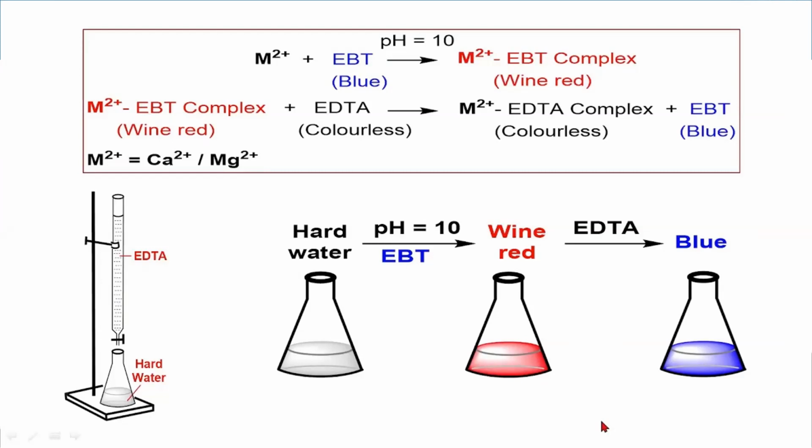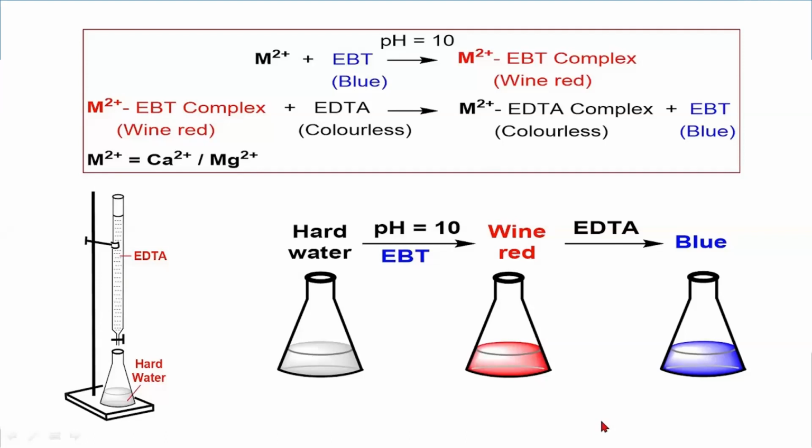So this is the EDTA method. First we have to take hard water. In that hard water, we add Eriochrome Black T indicator and EDTA. The EDTA solution we have to take into the burette. This is the burette and this is a conical flask.